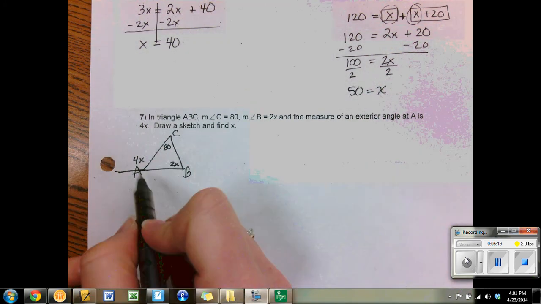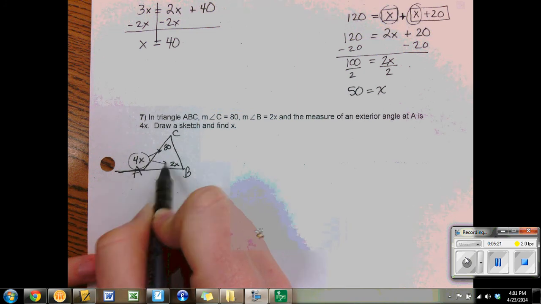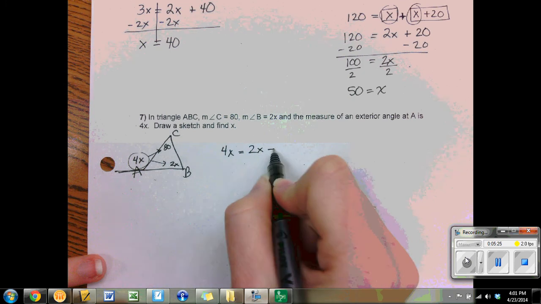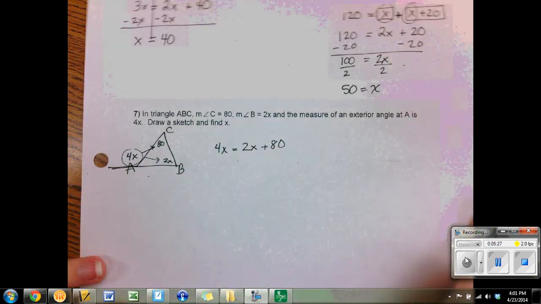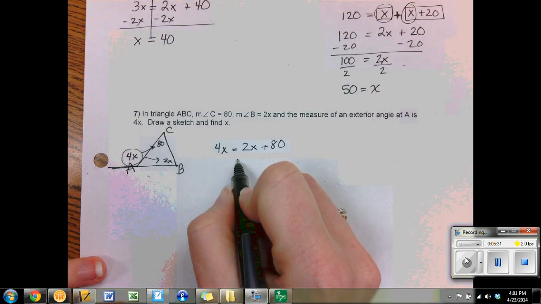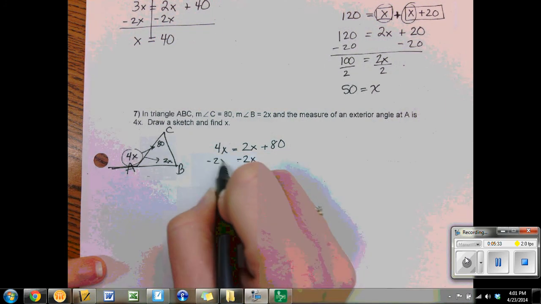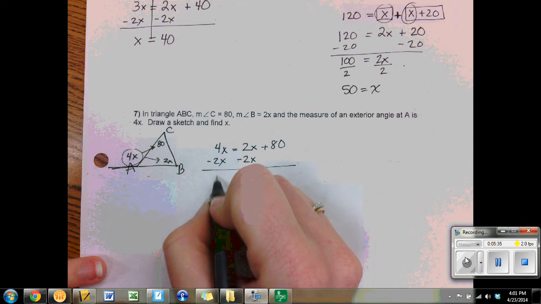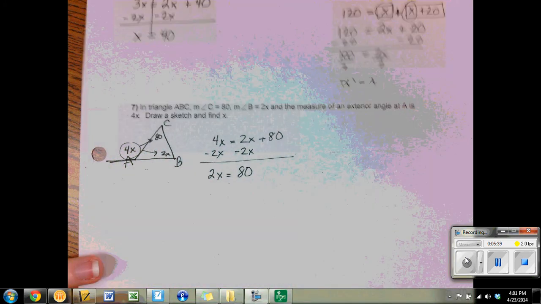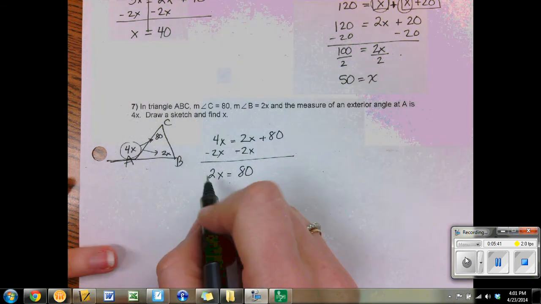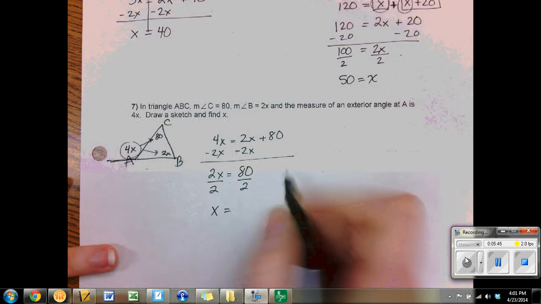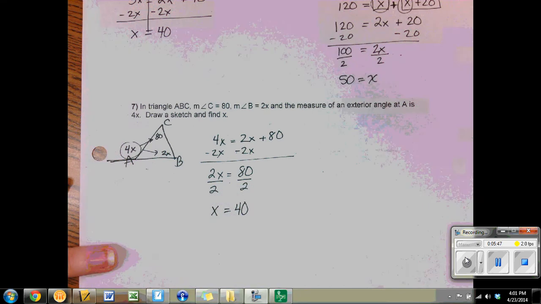So I can tell from here then this is my exterior and those are my two interiors. So 4x is equal to 2x plus 80. And then I'm going to solve my equation. I have variables on both sides, so I want to subtract 2x from both sides. 4x minus 2x is 2x. Now this time I still have a number with x, so I'm still going to have to do one more step here. I'm going to have to divide both sides by 2, and x equals 40.